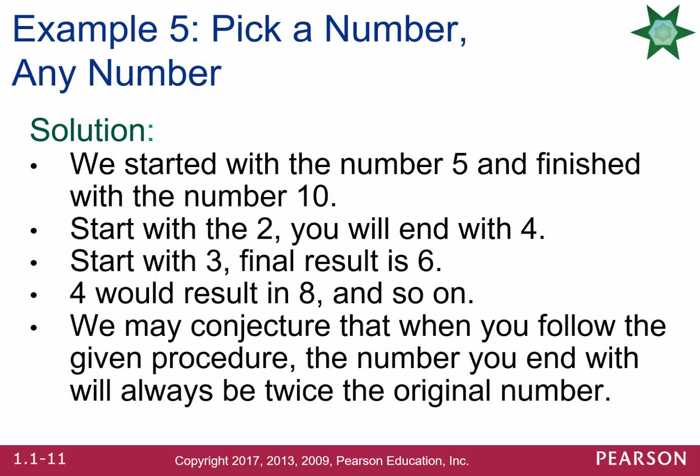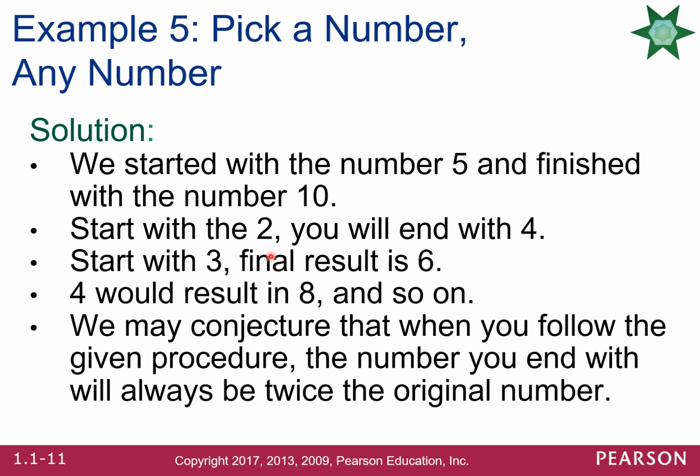So after going through several trials with different numbers, they see the results. All right, so the one that we worked out initially was with the number 5 and finished with the number 10. Now if we start with the number 2, you can go through the same steps, the same process using different numbers.